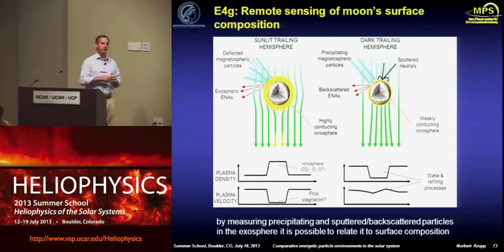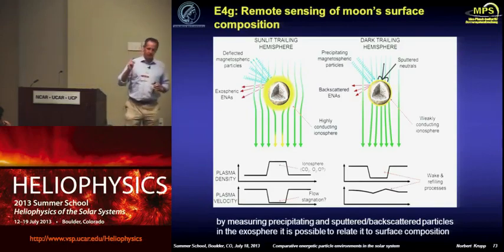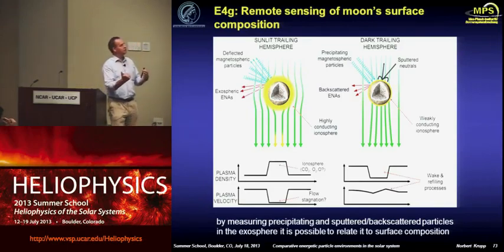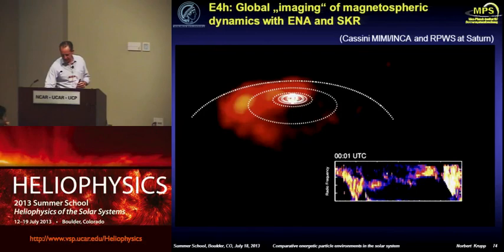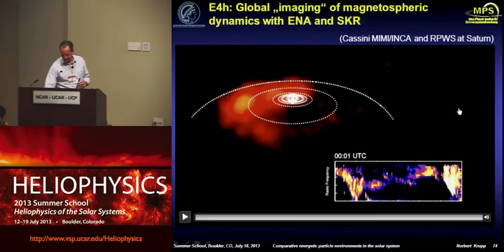So you have the possibility with this instrument to look at the impinging and incoming particle population, but also those which are released from the surface, out of which you can determine what the surface composition might be of this moon. I will end the presentation here by showing you 2 movies.